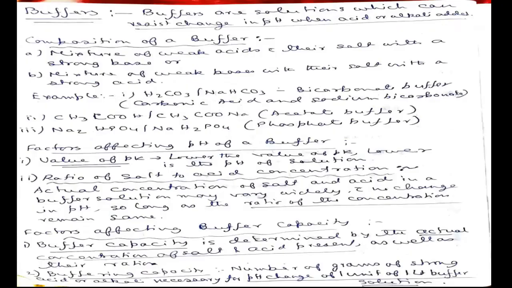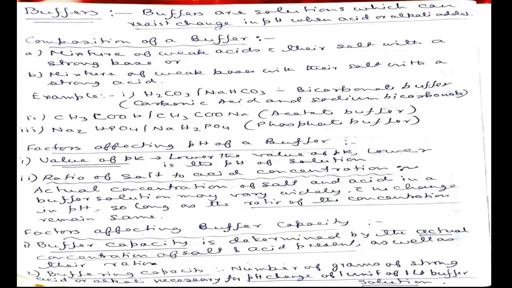Now buffers. What are buffers? Buffers are nothing but solution which can resist change in pH when acid or alkali are added. Composition of buffer. Buffer is the mixture of weak acids with their salt with a strong base, or weak bases with their salt with a strong acid.